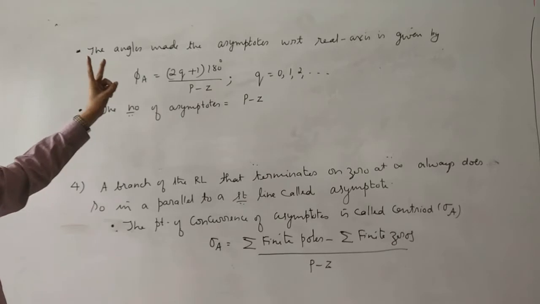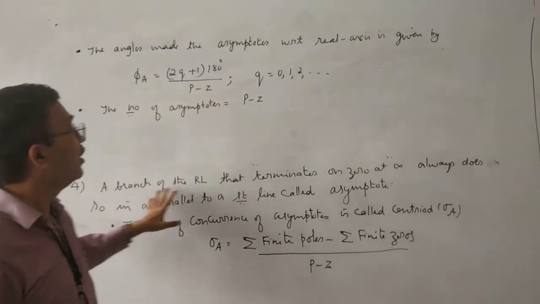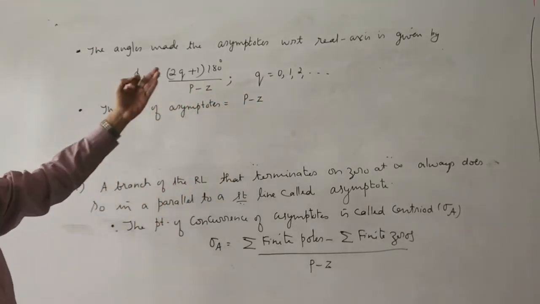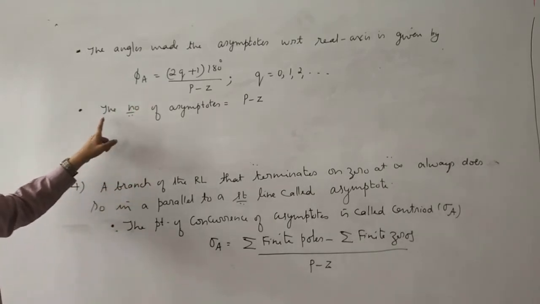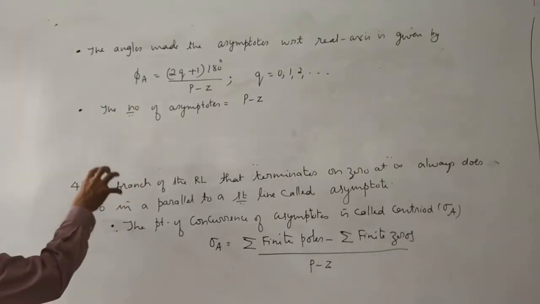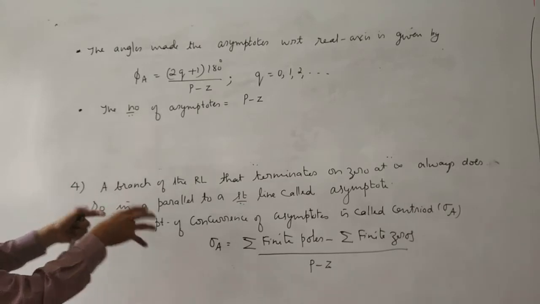If there are two asymptotes, q will take values 0 and 1. If there are three asymptotes, q will take values 0, 1 and 2. These three attributes of the asymptotes you must remember.